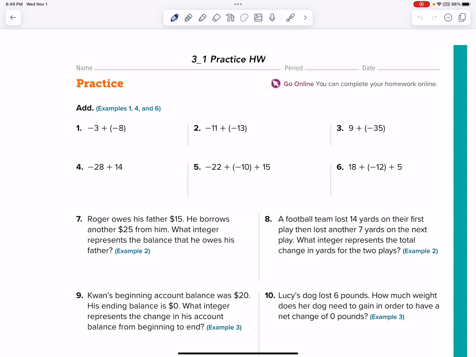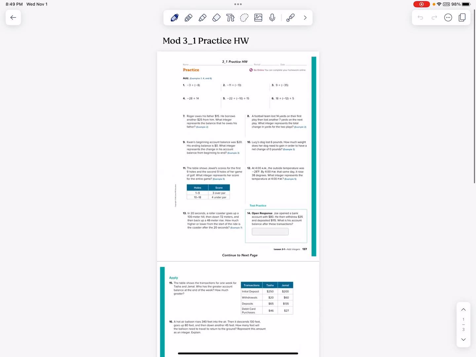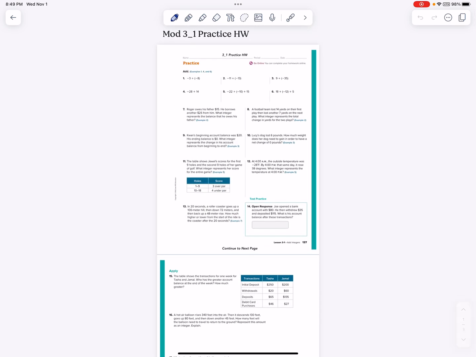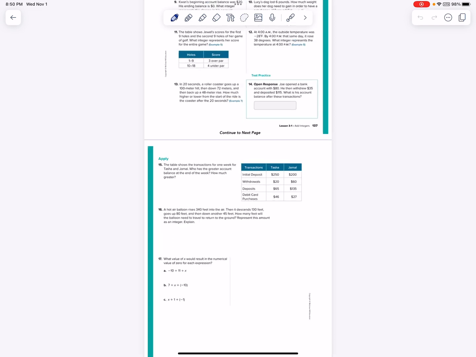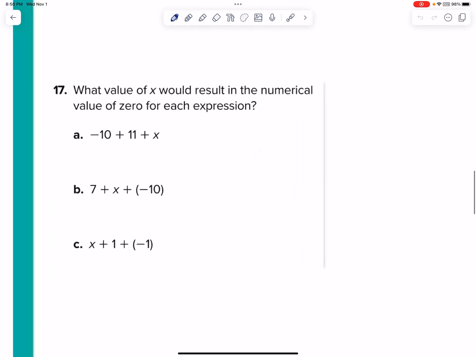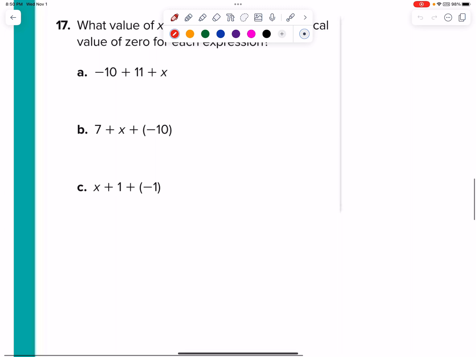We have a lot of different examples, but I want you to do a little bit more than usual just because it's really good fluency with everything. Let's go ahead and start off with number 17, actually, before we get into the easy fluency ones. One of the things that we talked about was this additive inverse.